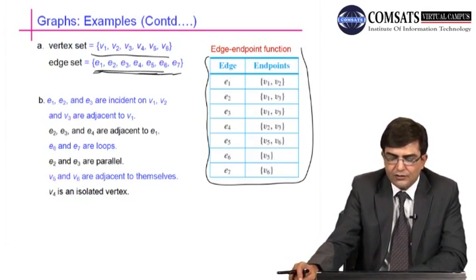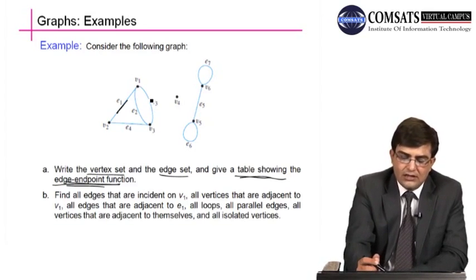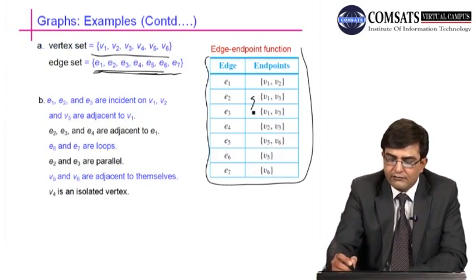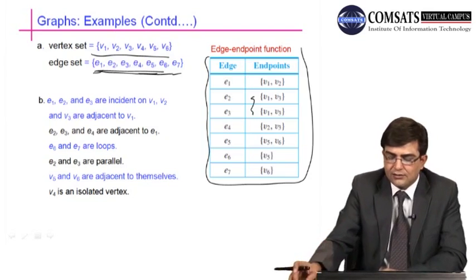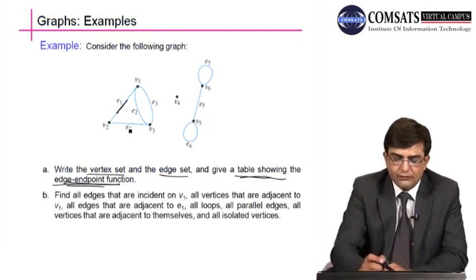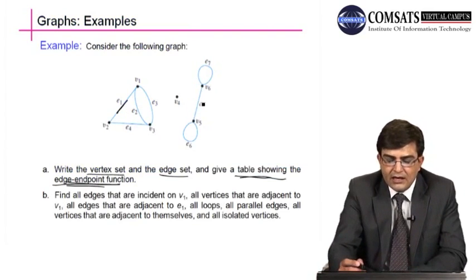Edge E3, you can see that E2 and E3 are parallel edges. So the endpoints of E3 are also V1 and V3. So we write here V1 and V3 here also. Similarly, we can write for E4. The endpoints of E4 are V2, V3. The endpoints of E5 are V5 and V6.